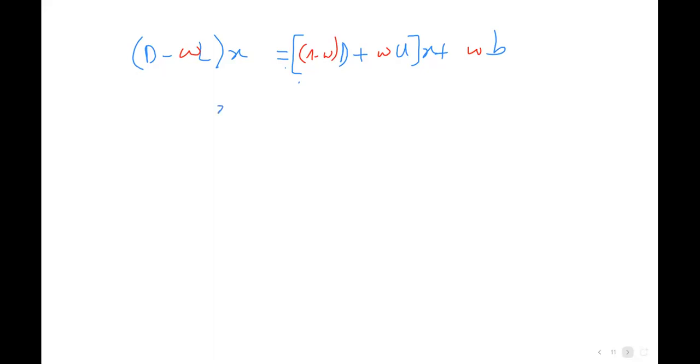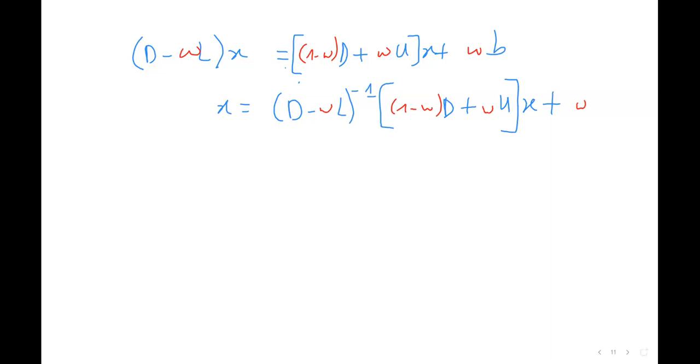And then when we do this, it means we can write now (D minus omega L), and then (1 minus omega) D plus omega U, inverse, X plus omega.